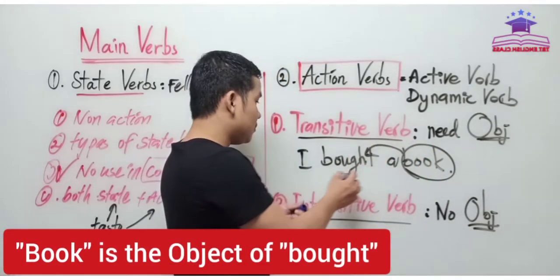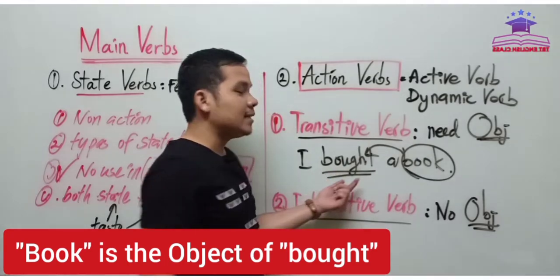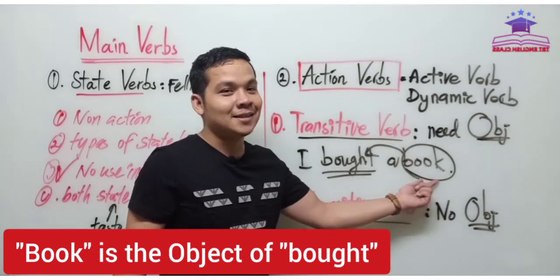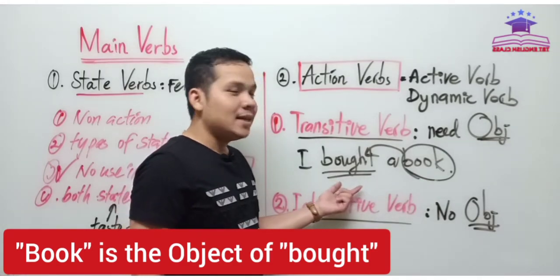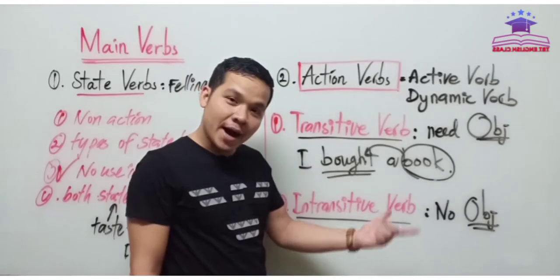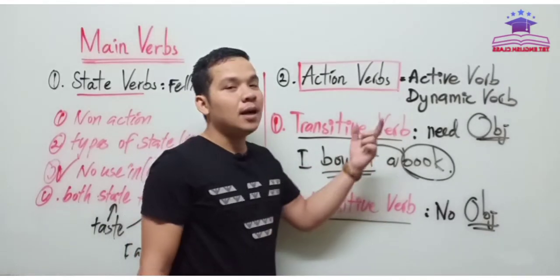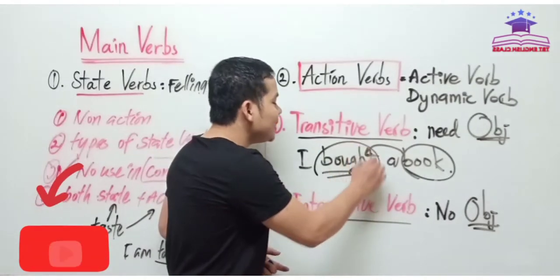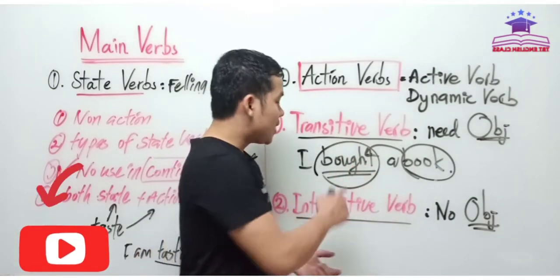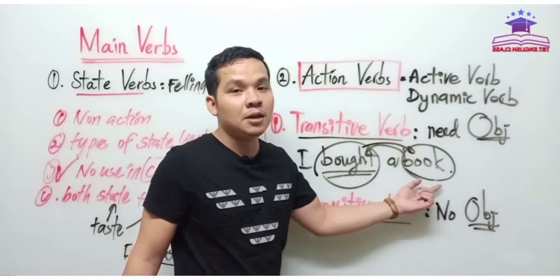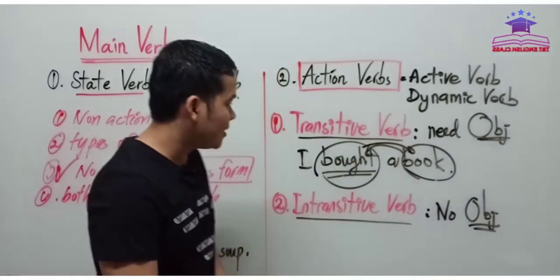So you can see the verb bought is a transitive verb because this verb needs one more object to tell us more about it. What did the subject do? What did I buy? I bought a book. So book is the object of the word bought. So the verb like this we call transitive verb because this verb needs the object book. Okay, like this. It's simple.